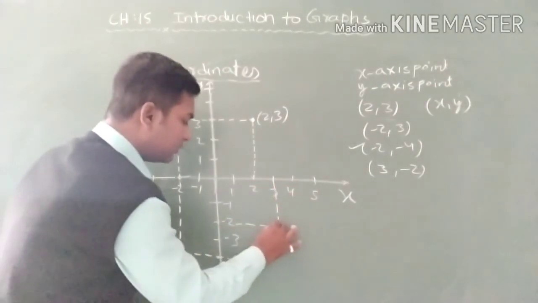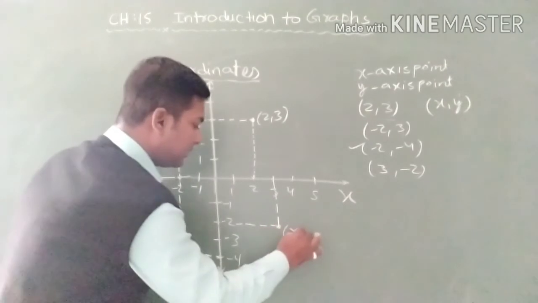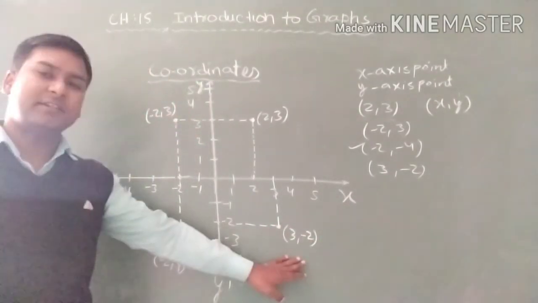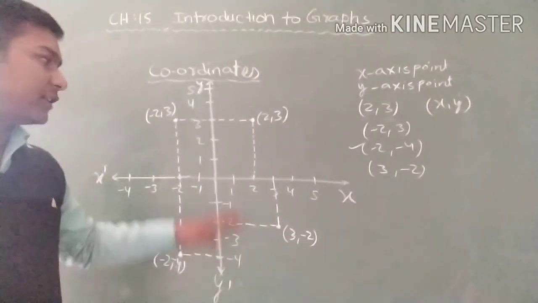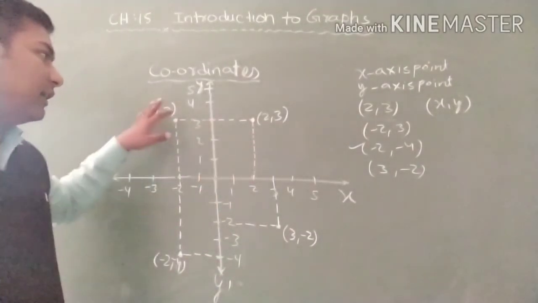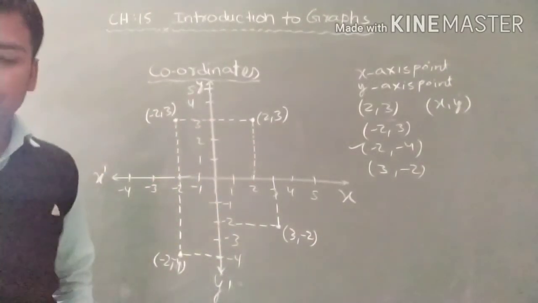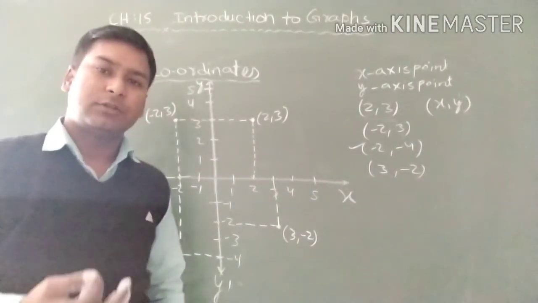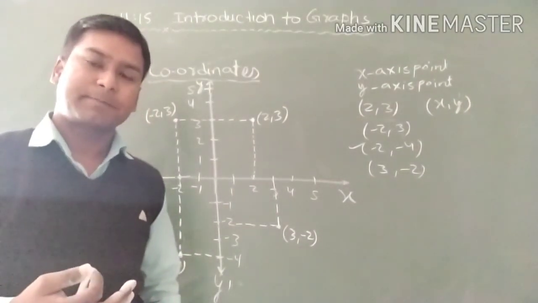Okay. So this point is known as (3, -2). Okay. So this is the final answer. So these are the locations of the coordinates on the graph paper. So by this method we can solve the questions from the exercise.